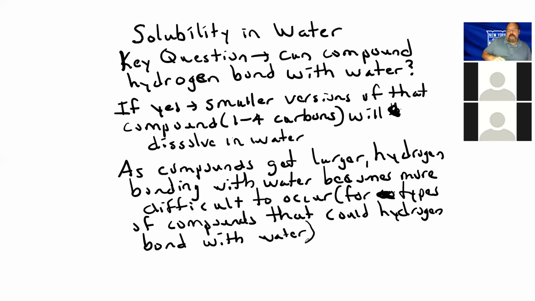Now, again, as I talked about in the notes, we're not going to expect you to know exact cutoffs. But if I give you an alcohol, an aldehyde, a ketone, a carboxylic acid that has 9 or 10 carbons, I do expect you to know that that compound is going to be insoluble in water, because the hydrogen bonding that can occur won't occur because of the number of carbons that are present.